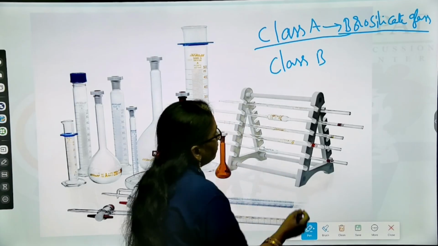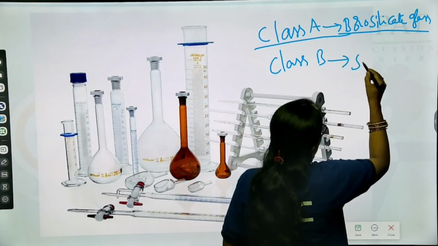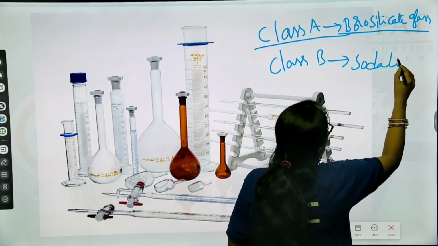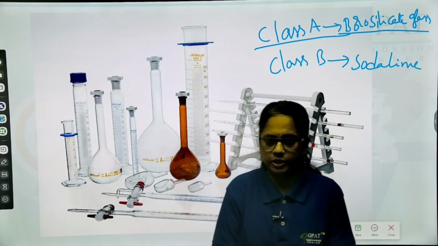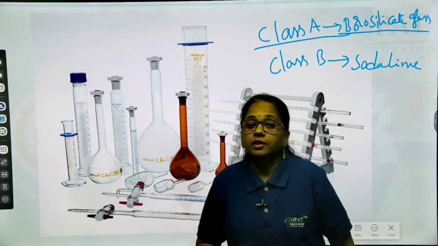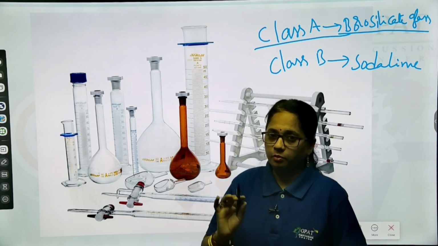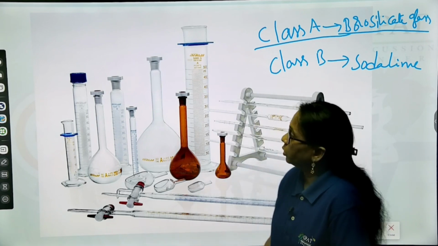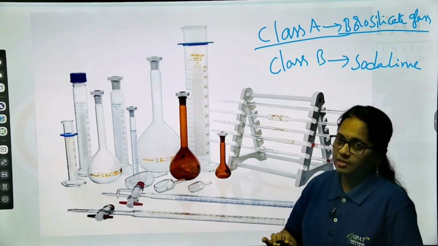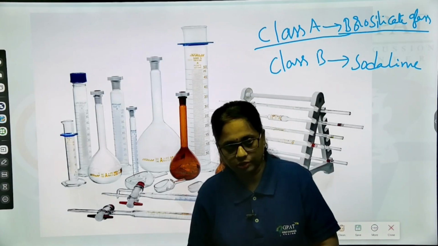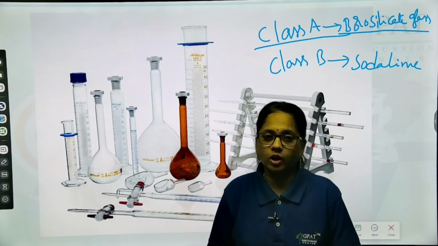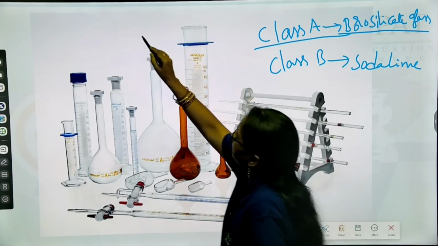And class B glassware is also there. This is actually made up of soda lime, and these glasses are also used in our laboratory work, but there is a clause for it. In order to use the class A or class B glassware, we should ensure that these glassware are properly calibrated.